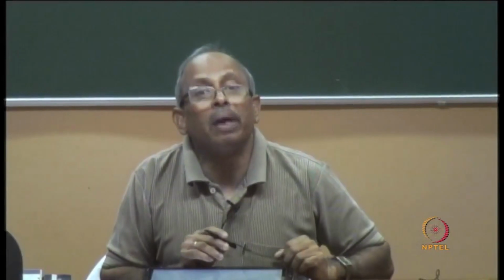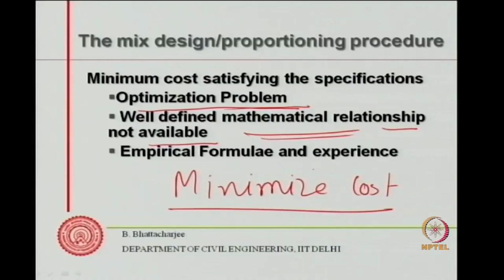We don't have a well-defined relationship, neither for strength nor for workability, and durability is out of question because we are only at the stage of prescriptive level now. So what do we have? Empirical formulae and experience. Some empirical formulae, not very general, but still some formulae are available, and the experience of people.